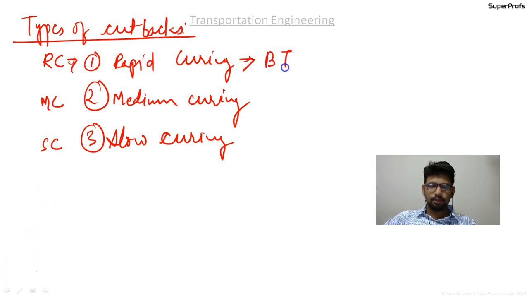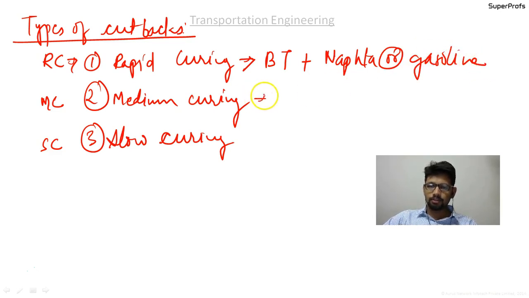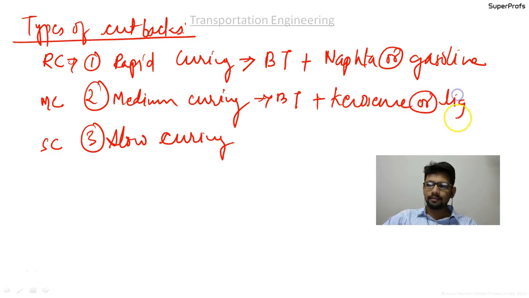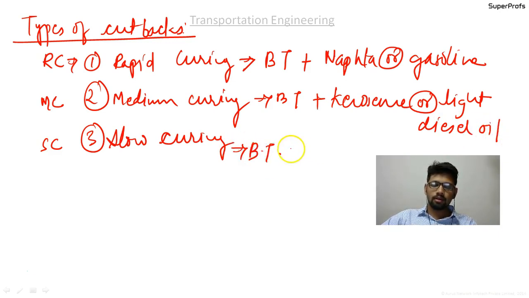So in this, bitumen is fluxed with naphtha or gasoline. Here it is fluxed with kerosene or light diesel oil. And here it is fluxed with high boiling point gas oil.